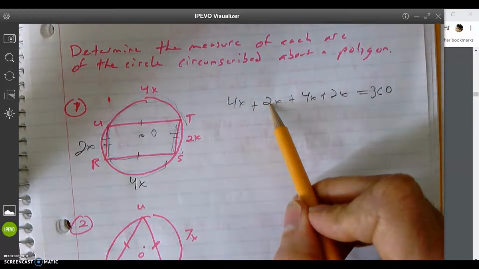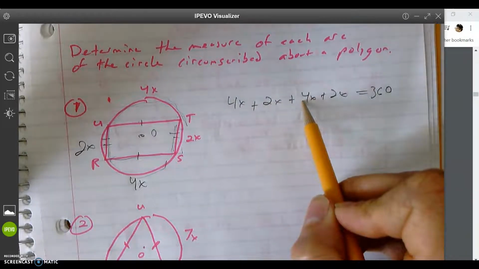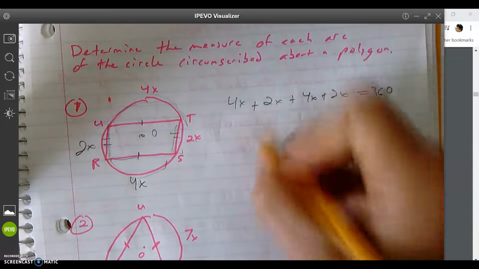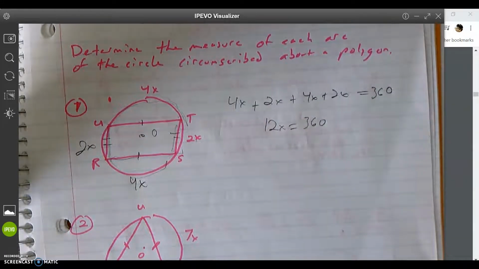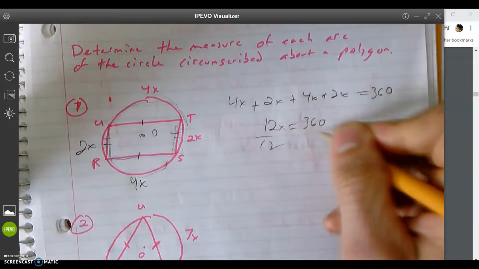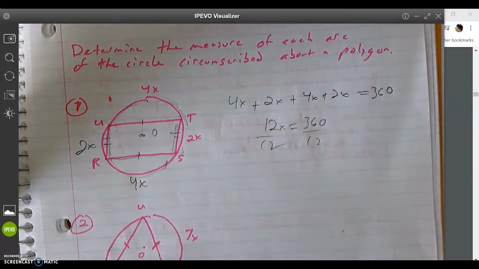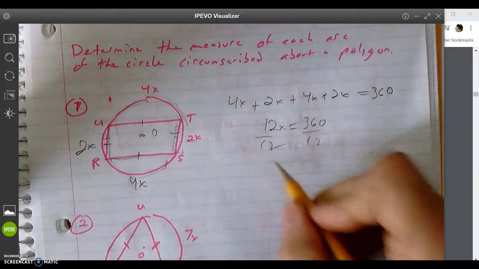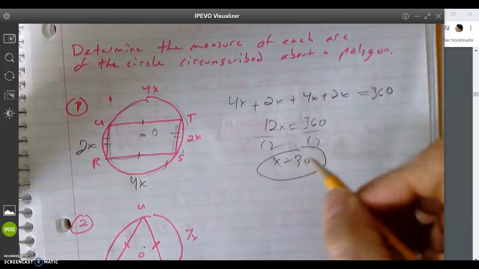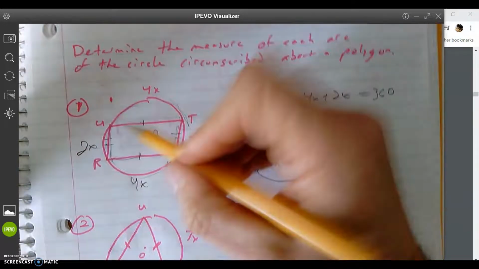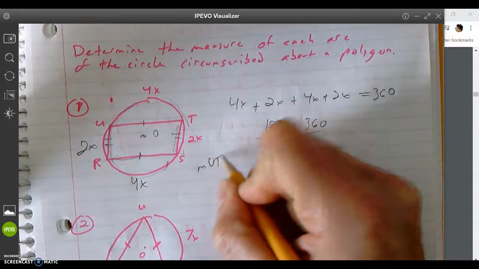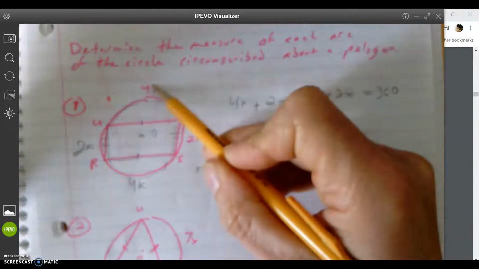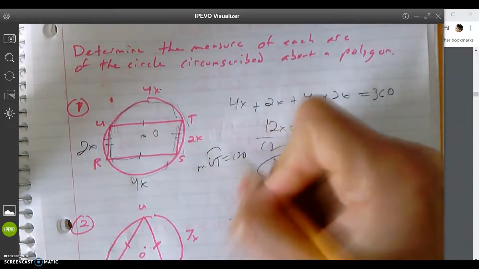So let's combine like terms. 4 plus 2 is 6, 6 plus 4 is 10, plus 2 is 12. 12x equals 360. Now we divide by 12. 360 divided by 12, so x equals 30. Nice. So the measure of arc UT is 4 times 30, which is 120.